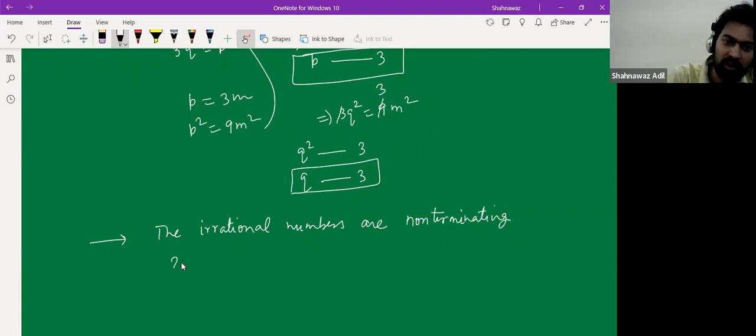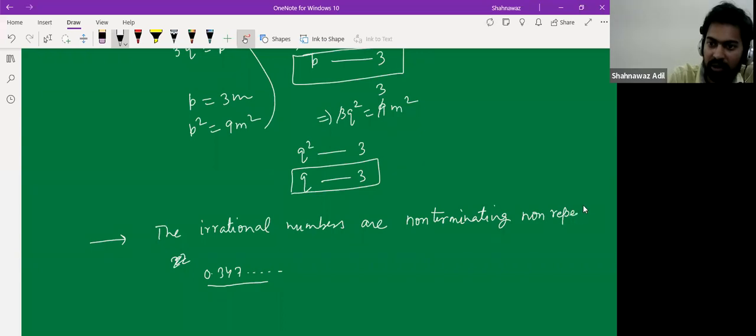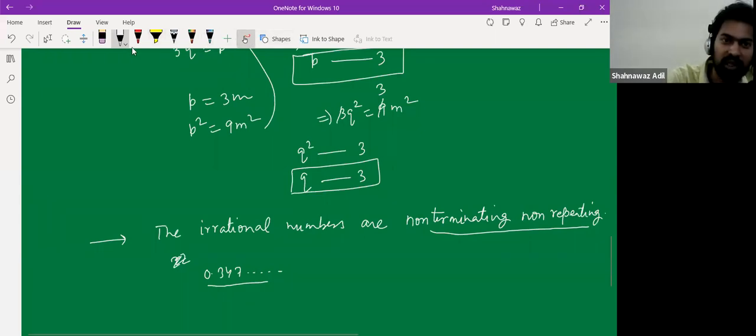Non-terminating meaning, let's say, 0.347 and so on, so on. So this is a non-terminating number, right? Yes, sir. And non-terminating and non-repeating. Okay. So this is an example of an irrational number. Understood?